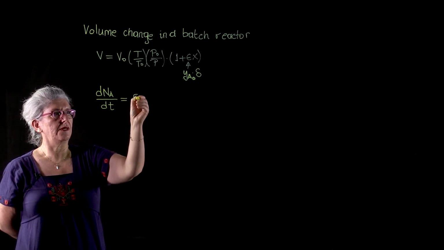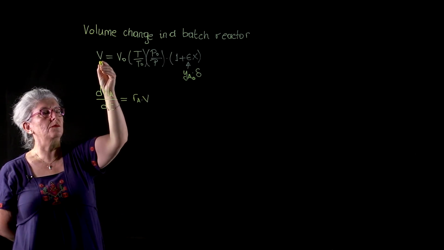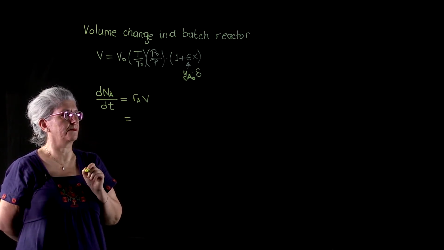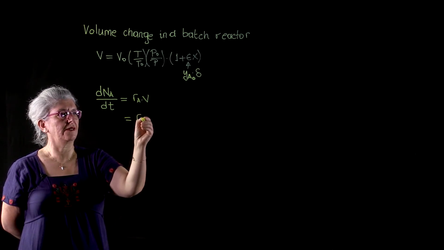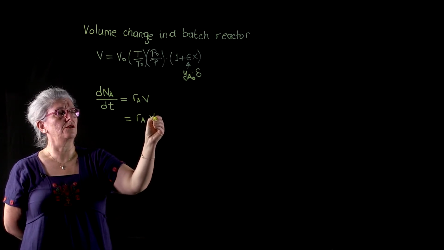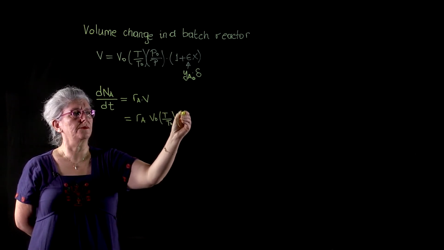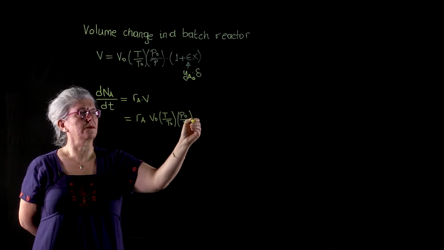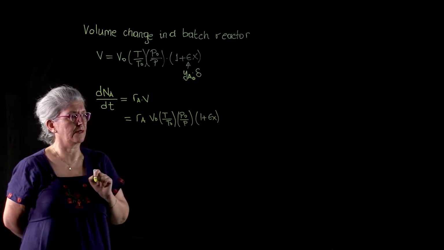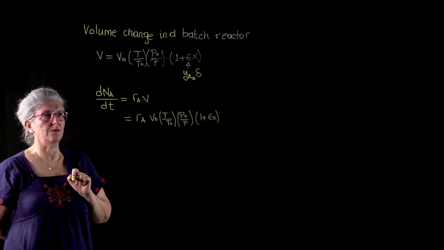This is R sub A times V, and now we are going to substitute this term for V. This is going to be RA times V0, T over T0, P0 over P, times 1 plus epsilon x. But let's treat the whole system together.